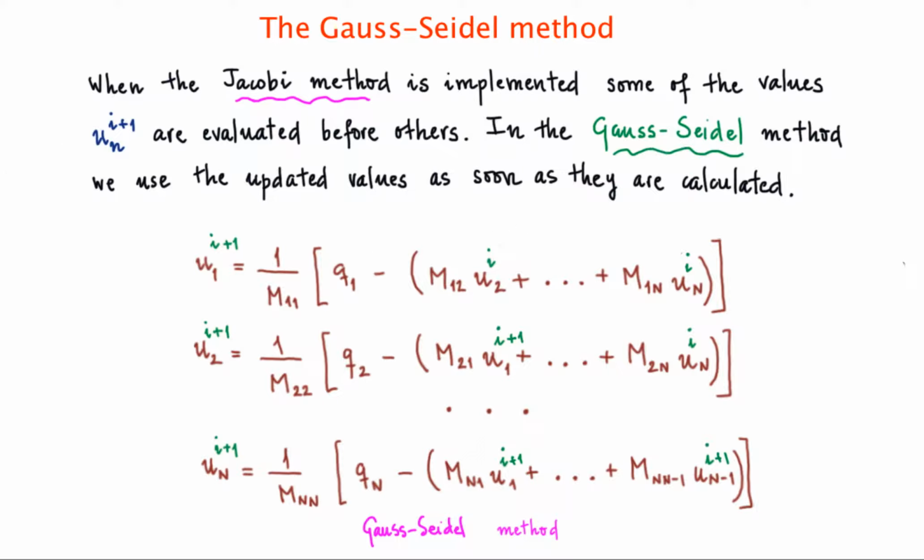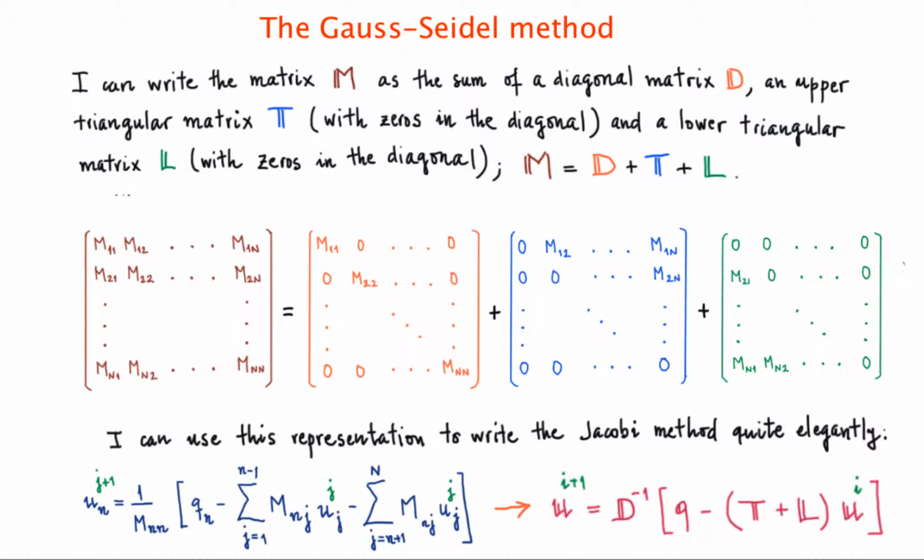And in the following, we're going to define some matrices so that we can write the Gauss-Seidel method in a shorter way. We have shortcuts to define this Gauss-Seidel method that can be useful at some point as well. But the main idea is the one we have just described.